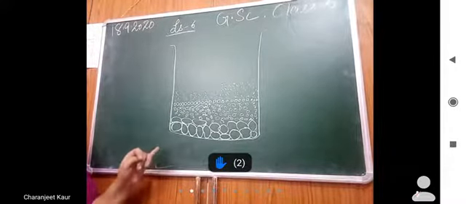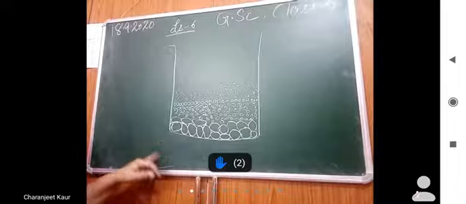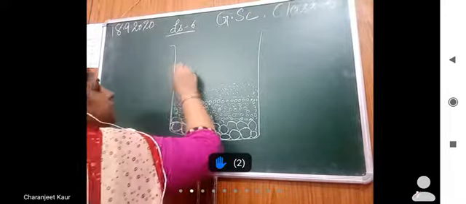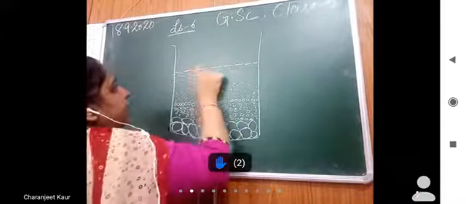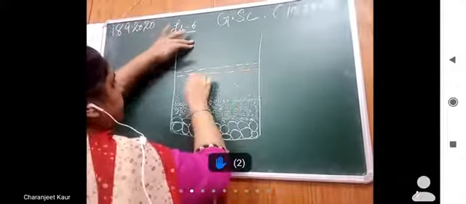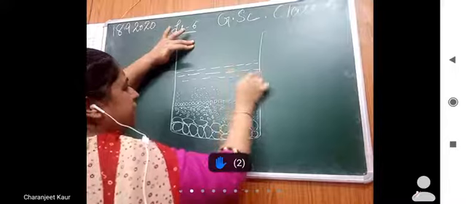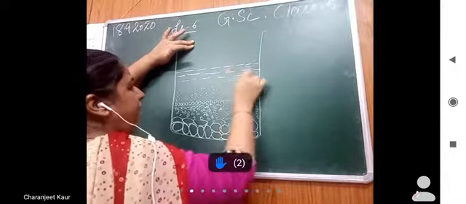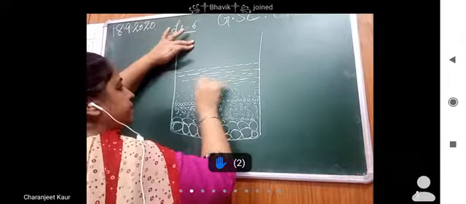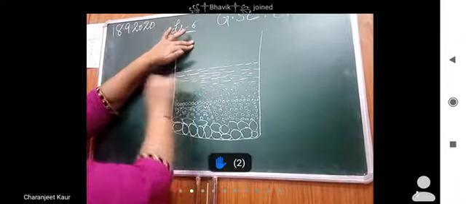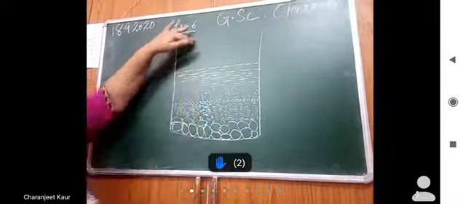After the clay, the next layer that comes is water. So you have to draw water like this. Draw the water like this. Clear?